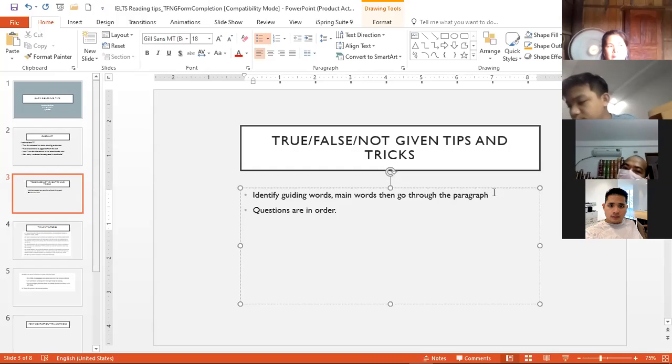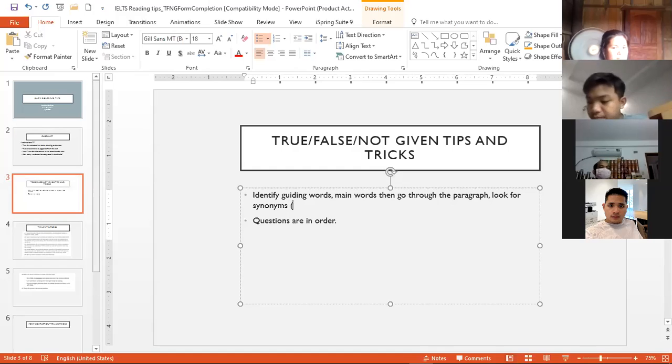Are you sure that's for true false or for form completion, Sarah? I think for both. Are you sure? Remember, it's the exact meaning. Sometimes when you say synonym, it might be wrong, because a synonym might mean something slightly different. Look for synonyms. Thank you. But be careful, okay? Make sure it has the exact meaning.